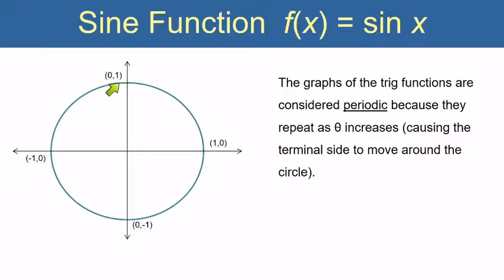And when we get to 1, the vertical coordinate begins decreasing until it gets to 0. And then it continues decreasing down to -1, and then finally it increases back to 0. And if we were to let our angle grow past 360 degrees, we'd just go around the circle again, and the sequence of y values would repeat itself. So the sine function is periodic.